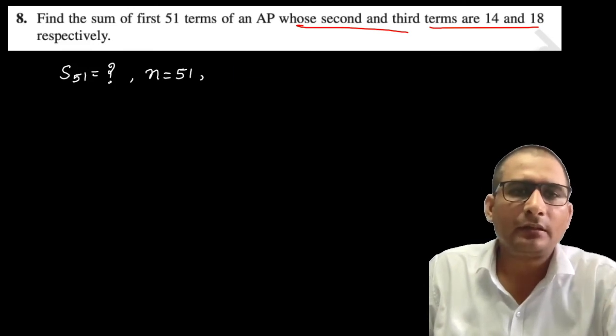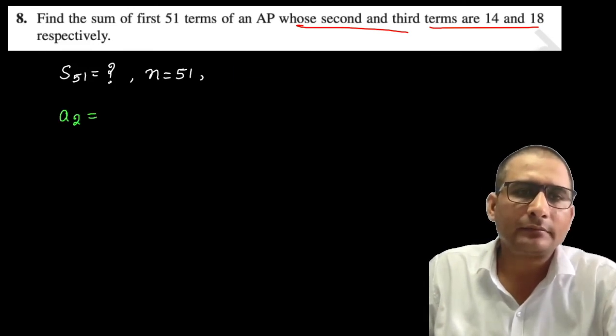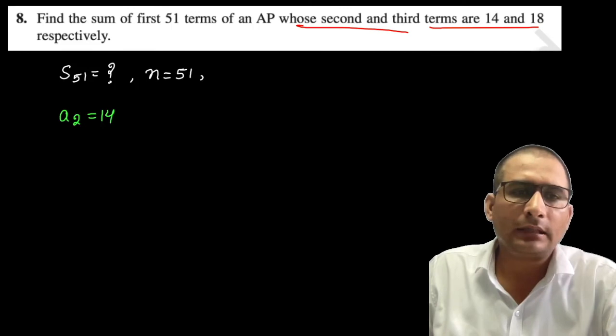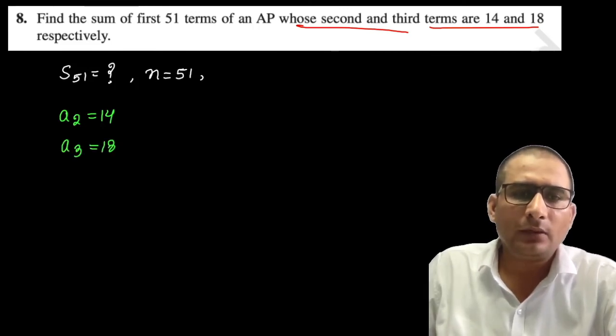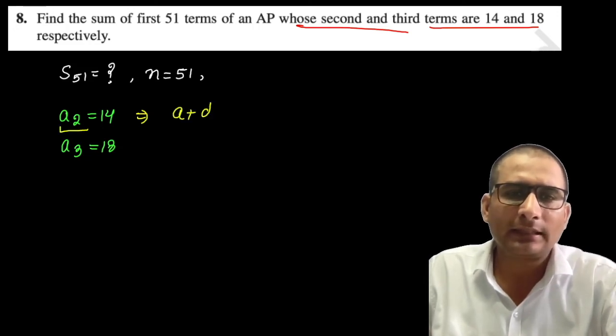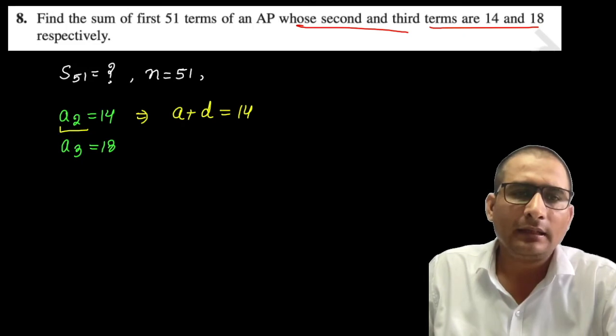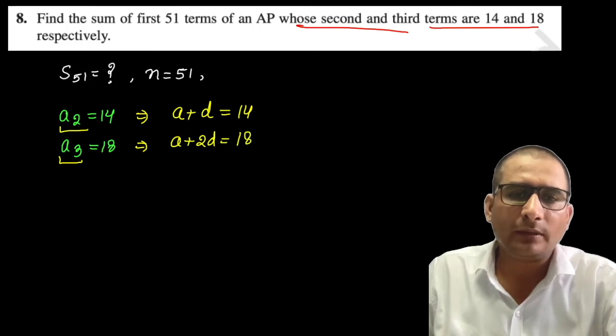Let me write it here. A2 is given 14 and third term A3 is given 18. So second term is A plus D is equal to 14 and this third term is A plus 2D.